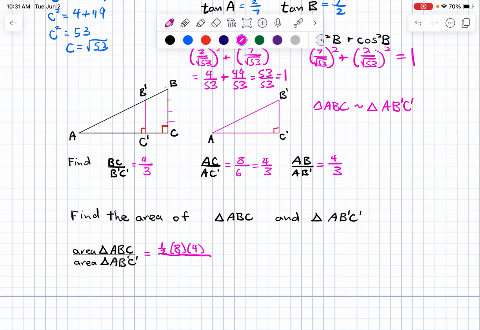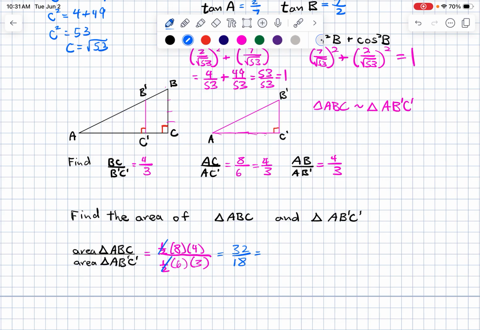And then if I take the area of the other triangle, which is 1/2 base, 1, 2, 3, 4, 5, 6, times the height, which is 1, 2, 3. Okay, let's see what I get. I notice that, first of all, the 1/2s divide out. I get 32 over 18.